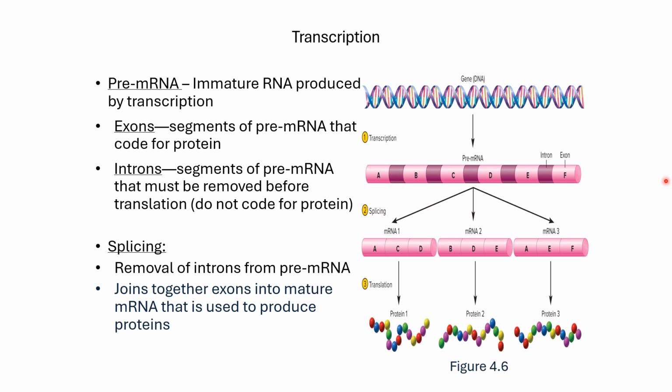Introns must be removed before translation. Introns are removed by a process called splicing. When the introns are removed, the immature mRNA is converted into a mature mRNA. The messenger RNA will leave the nucleus and reach the cytoplasm, and that's where it starts producing proteins.